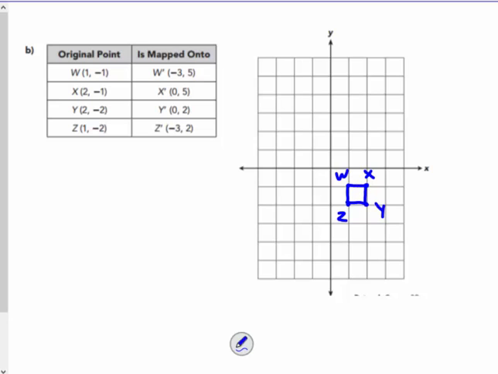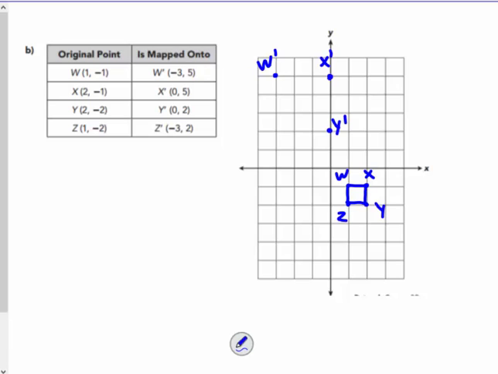And I'm mapping it onto W, which is (-3, 5): 1, 2, 3, 4, 5. And X is (0, 5). And Y's image is (0, 2).